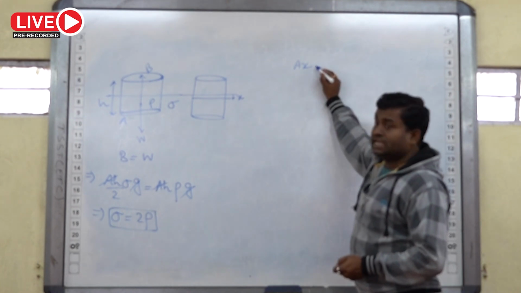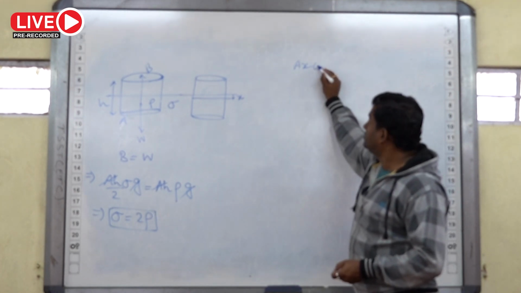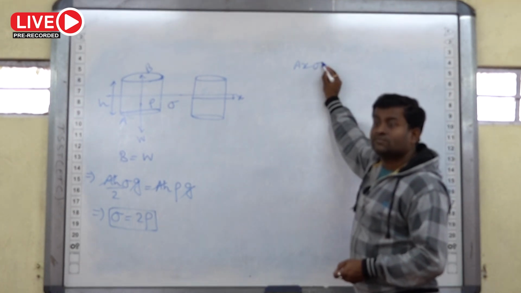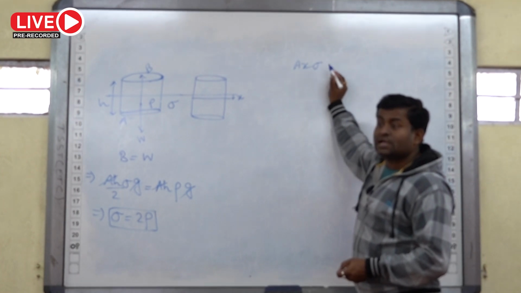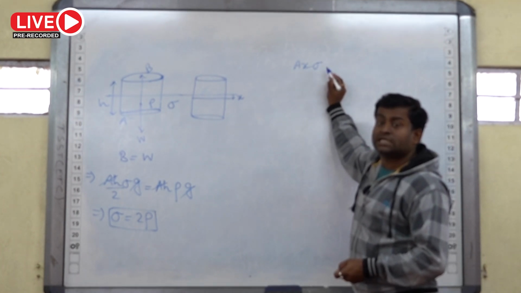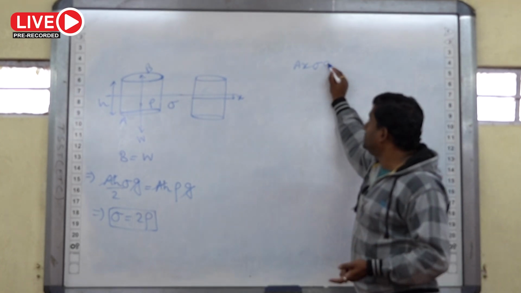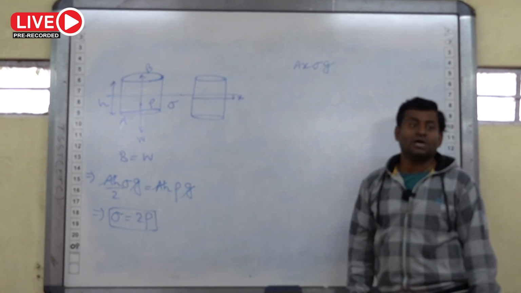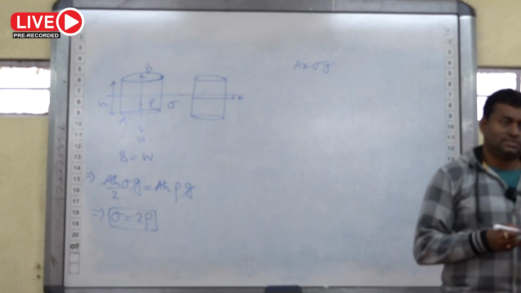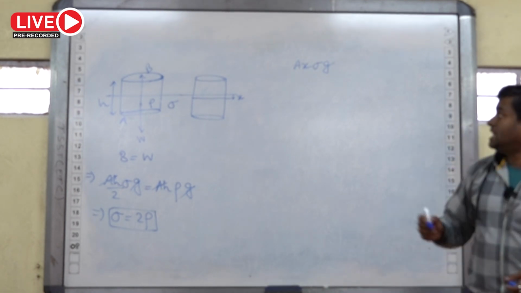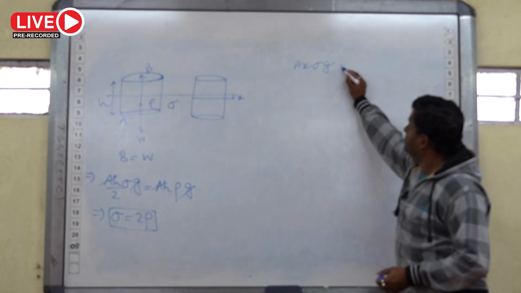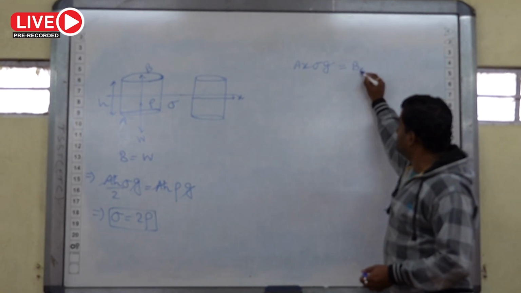Now Ax into sigma, density of the fluid, is the mass of the extra displaced fluid, into g, will give you the excess buoyant force. Write it, excess buoyant force, that is B excess.